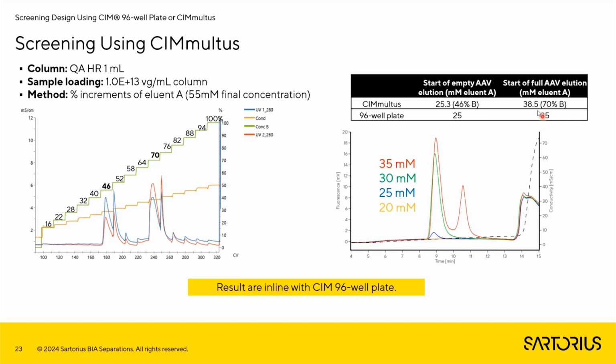For the fulls it is not exactly the same, but we could go with more steps in between and not the 6% increments done here, so we would be closer to the number. The takeaway message is that no matter the option you choose, the results will be in line, and you can predict your pH, binding conditions and eluting conditions very well.